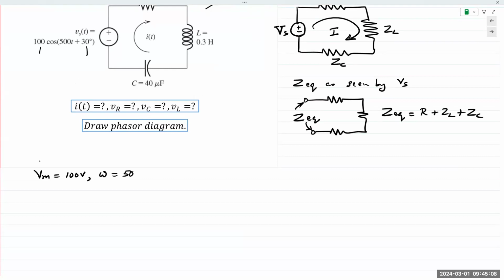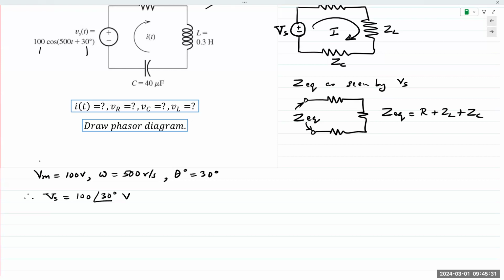Omega is 500 radians per second, and phase angle theta is 30 degrees. So my phasor for Vs has a magnitude of 100 with a phase angle of 30 degrees. That's it.